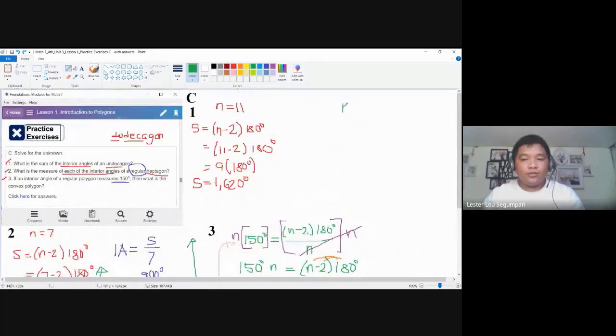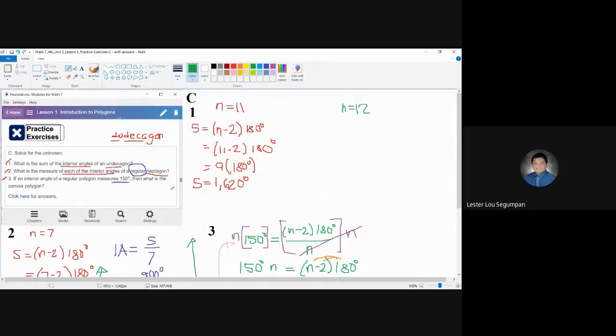So if we do have 12 sides, let us try to target 150. We have S is equal to n minus 2 times 180 degrees. By the way, this is checking for number 3. So we have here 12 minus 2 times 180 degrees. Sorry, not 10, I'm sorry for that.